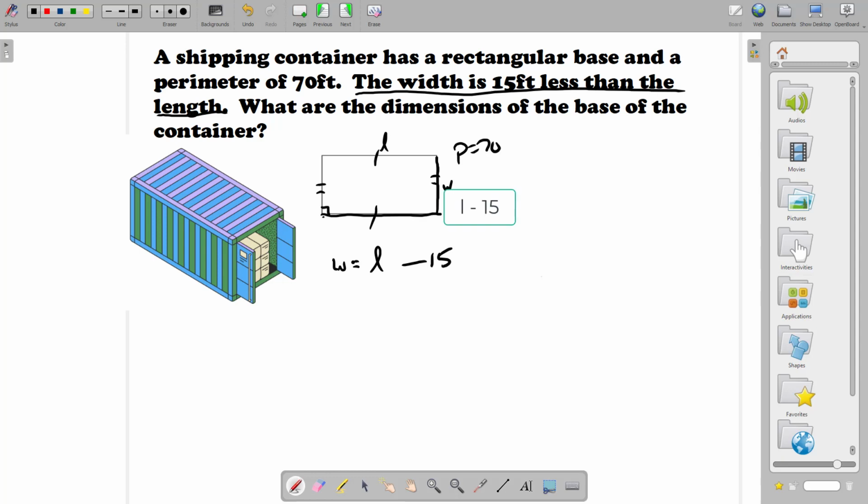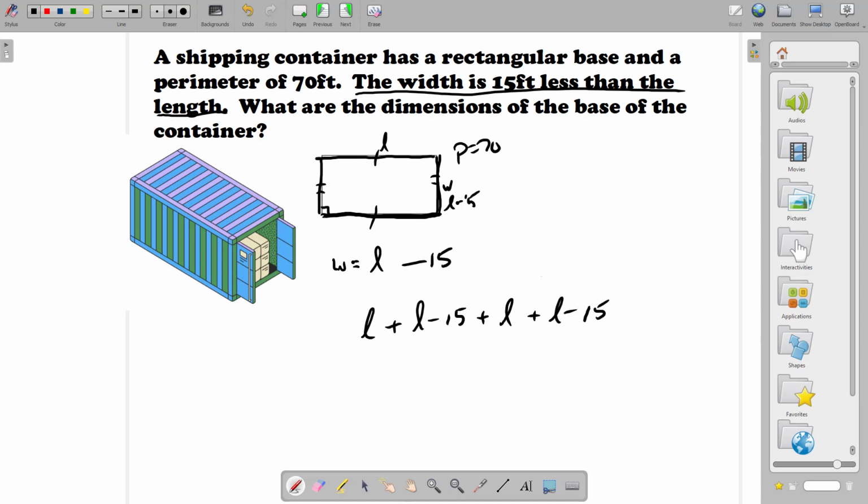So we need to take our length, which is L, add a width, which is L minus 15, add another length, which is L, add another width, which is L minus 15.